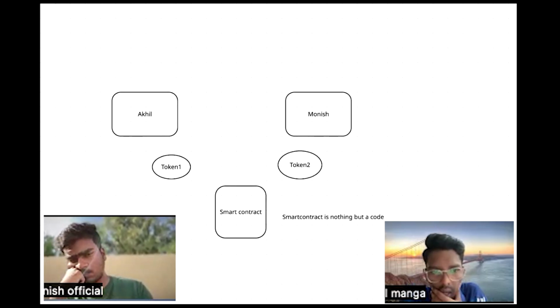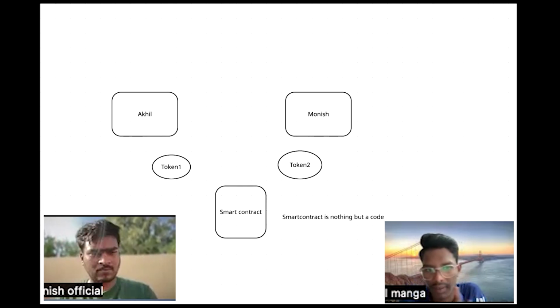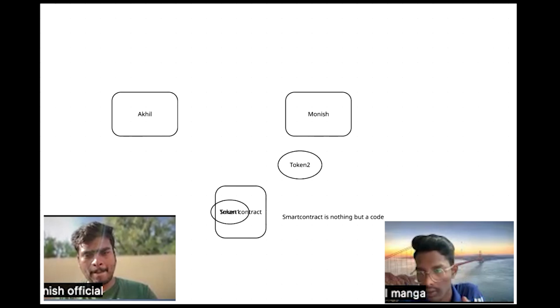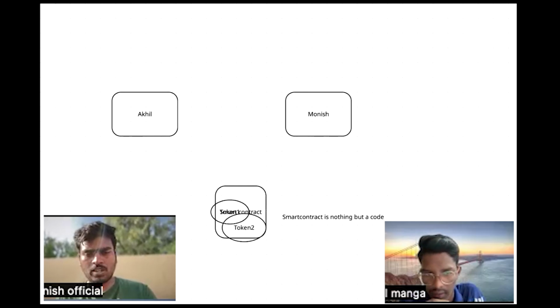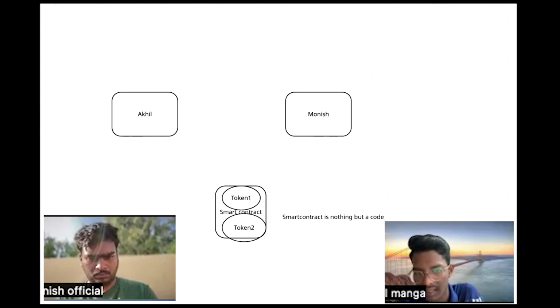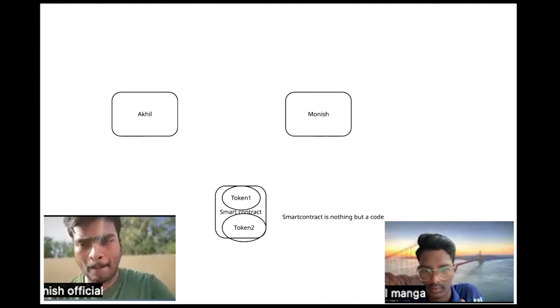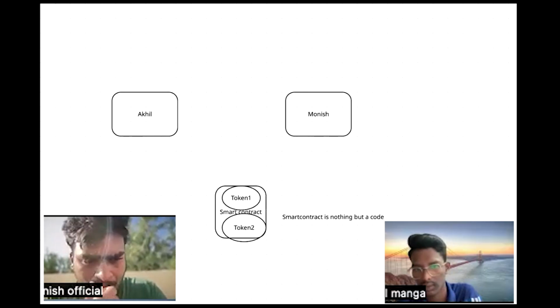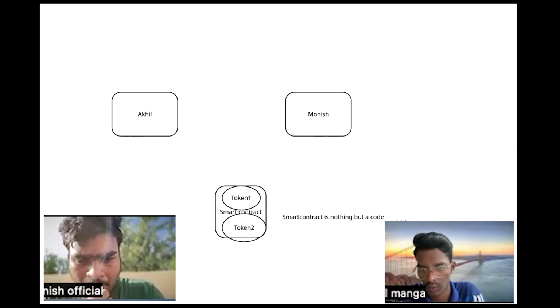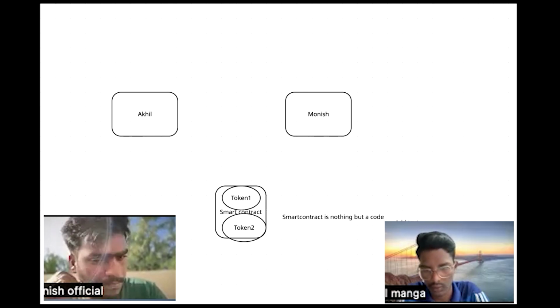I'll keep my token one in the smart contract, and you will keep your token two in the smart contract. Are you following me? This type of smart contract is called an escrow smart contract, or escrow contract.